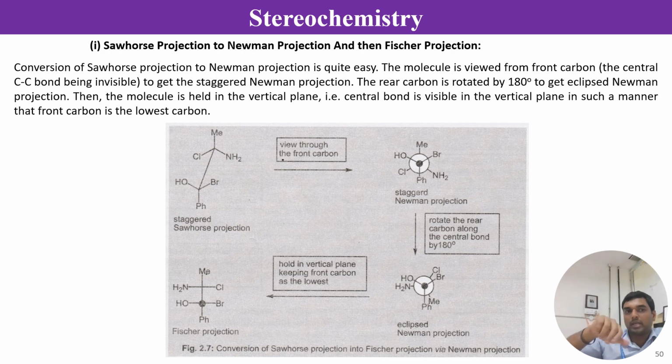So you need to rotate amine, chlorine, and methyl. So OH, Br, phenyl, methyl, chloride, and amine. Then you go for the eclipsed plane, right? Now, if you just turn it over, you should get phenyl, OH, bromine, NH2, Cl.